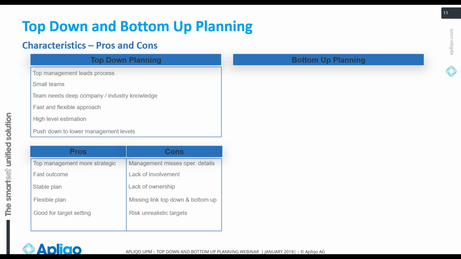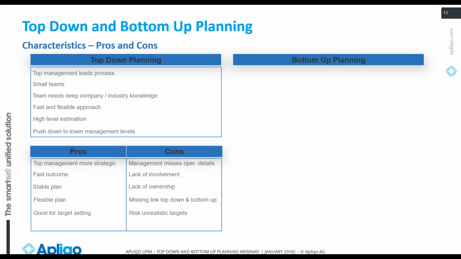That can then be an issue when it comes to the discussion of how accurate and how achievable such a top-down target is. Then, because it's done by a small team, we quite often see a lack of involvement and a lack of ownership from the operational managers, because they were not 100% involved or not at all involved in the top-down plan.